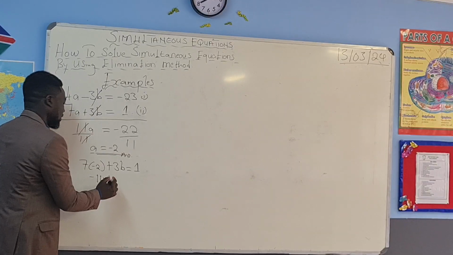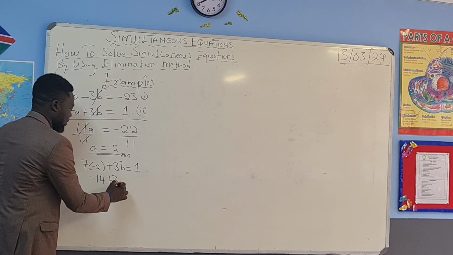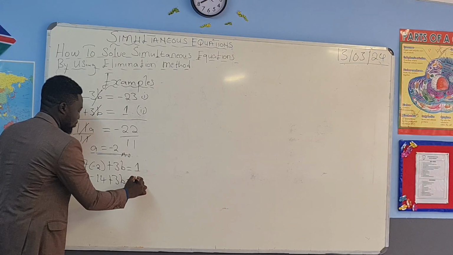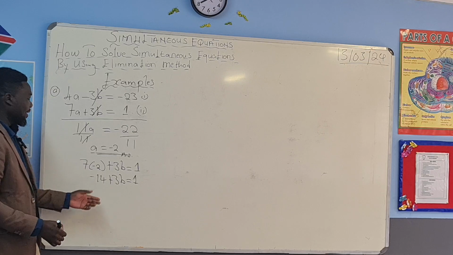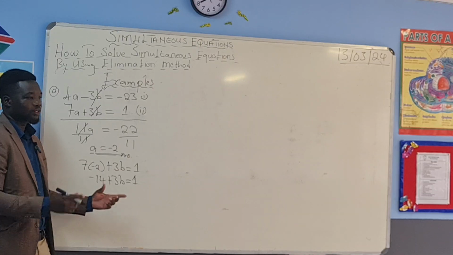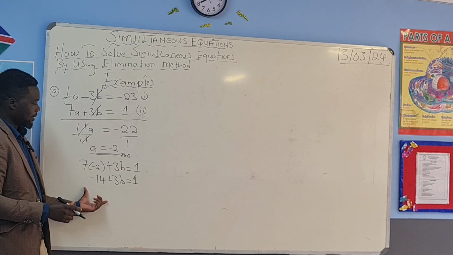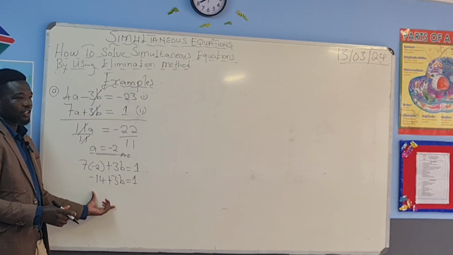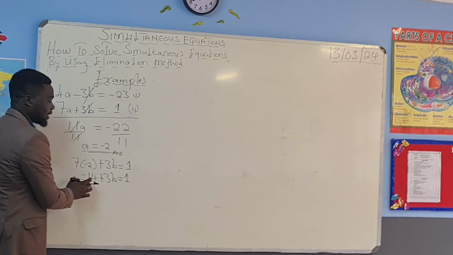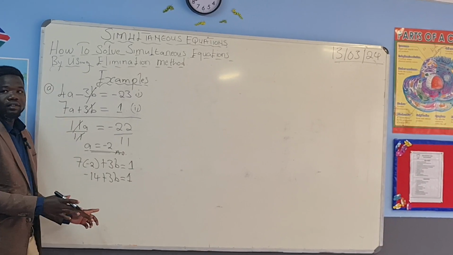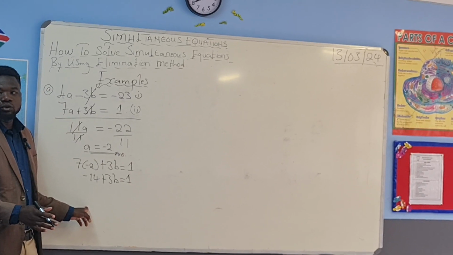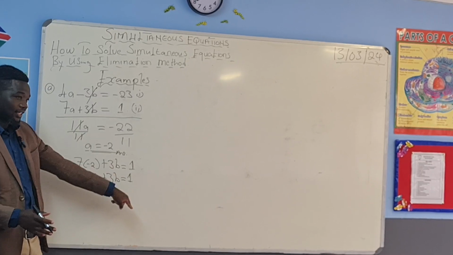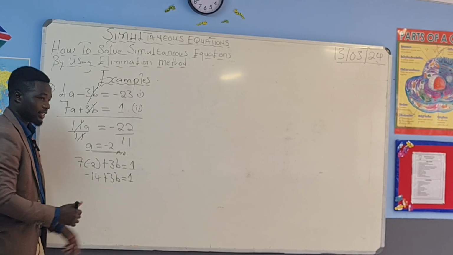Then plus 3b is equal to 1. Now here we are going to use the law of like terms. Negative 14 will go to the other side, crossing the equal sign.